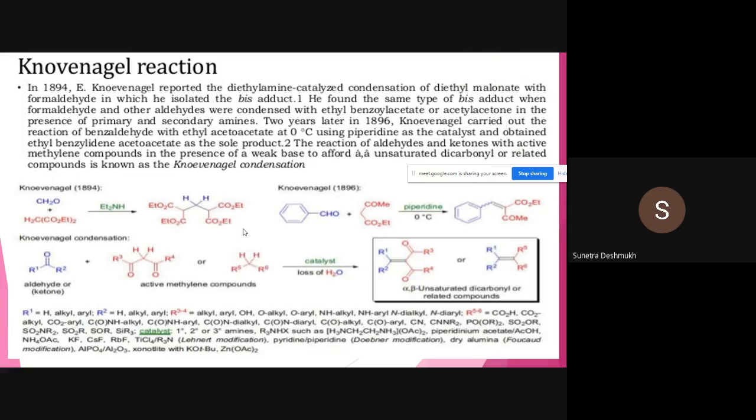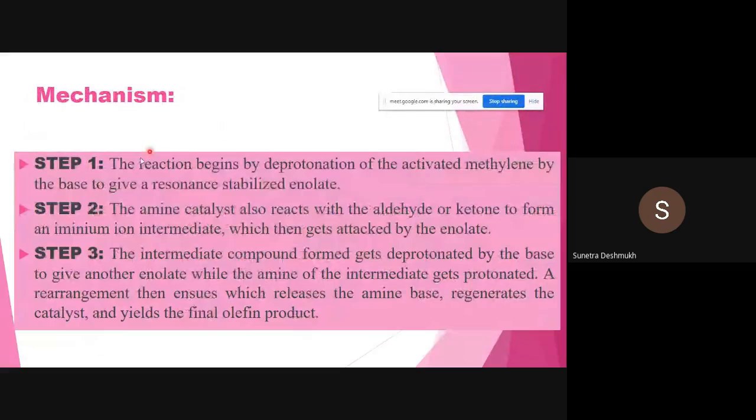Next one. Now we will go for the mechanism of the reaction. In the mechanism, we have included step first, step second, and step third. What is step first? The reaction begins by deprotonation of the activated methylene by the base to give a resonance stabilized enolate. So the first step is the deprotonation of the activated methylene group, that means malonate, like diethyl malonate.